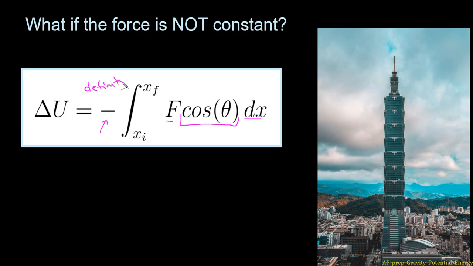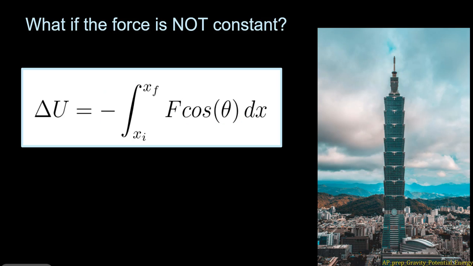It is not the negative sign from the cosine theta. And for reasons that I'll talk about later, it's good to have a definite integral going on there. So this is the general definition of the change in energy caused by a force.